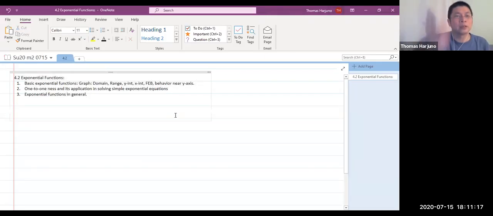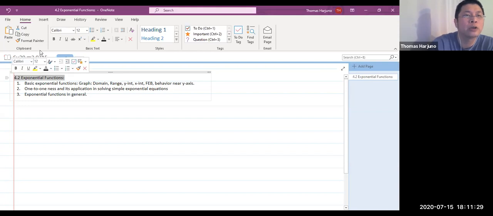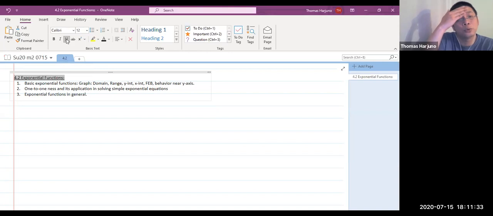Hello everybody. Today we will do 4.2 exponential functions, and you will see 4.3 natural exponential functions is closely related to this 4.2.